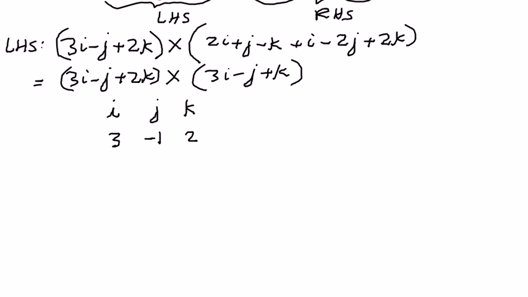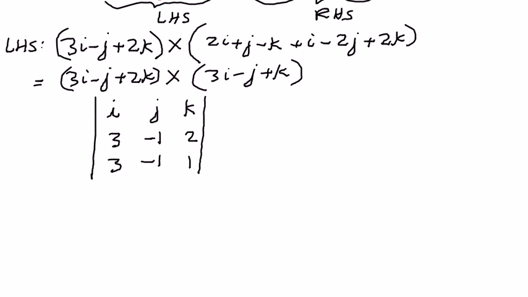In the second vector, the coefficient of i is 3, the coefficient of j is -1, and the coefficient of k is 1. So if we find the determinant of this, we have found the value of vector A cross (B plus C).